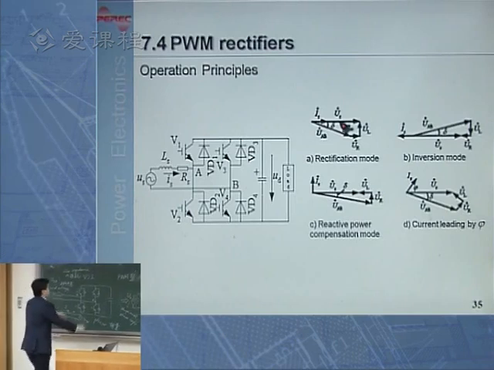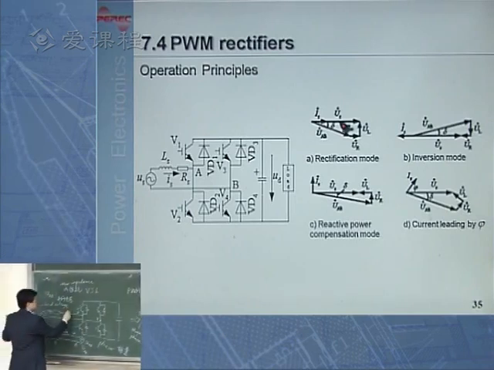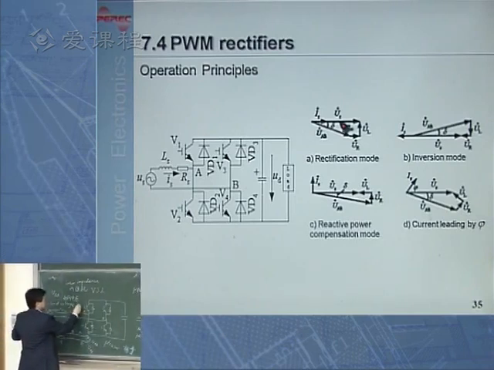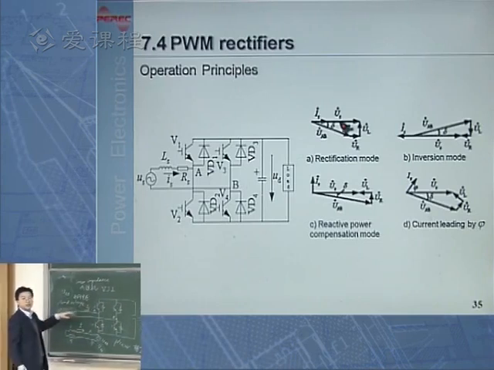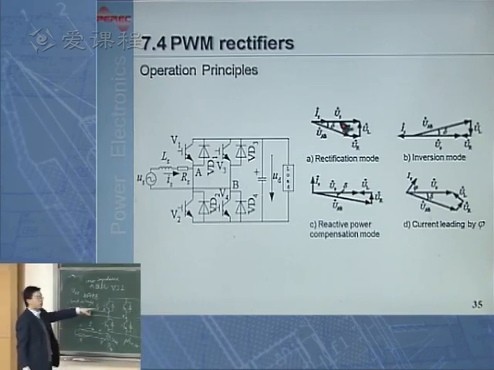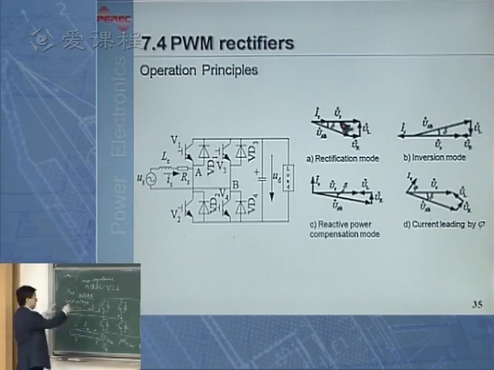That means this current IS is a sine wave and has the same phase angle as US. That means this energy, power, is generated from here and transferred to the right-hand side.